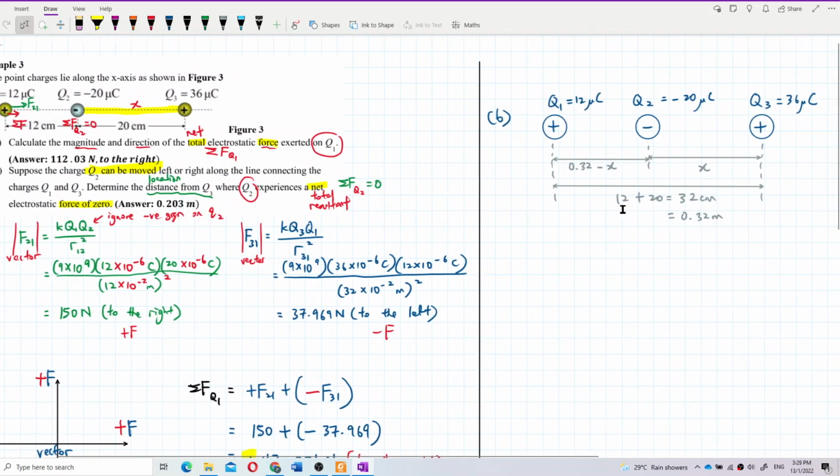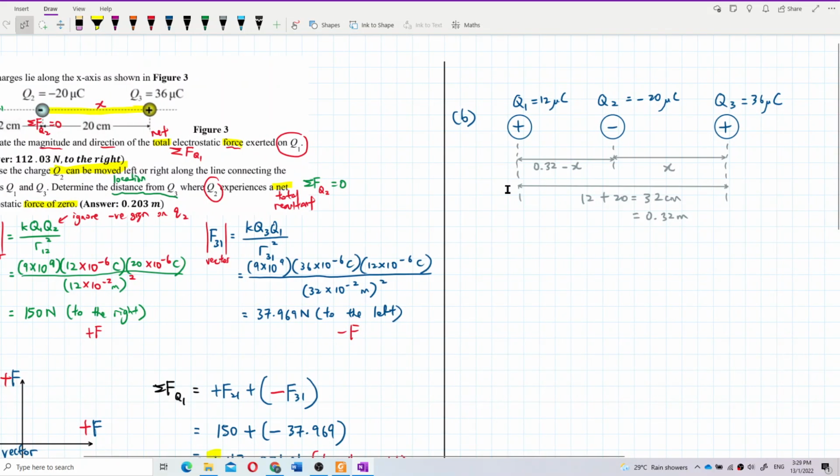It's fixed: 12 plus 20 is 32 cm between Q1 and Q3. Only this one can be moved, either left or right.